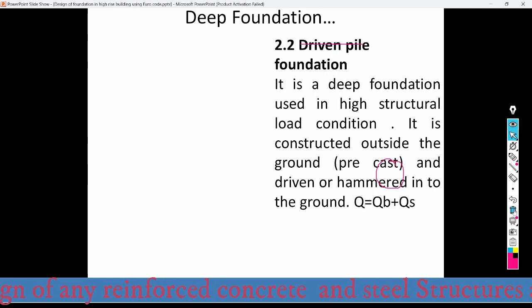And the other types of deep foundation, or the other types of pile foundation, is the driven pile foundation. So driven pile foundation is nothing but a precast pile foundation. It is a deep foundation used in high structural load conditions. It is constructed outside the ground, meaning the pile may be prepared at the production site and transported to the construction site and will be inserted into the ground by using a hammering method.